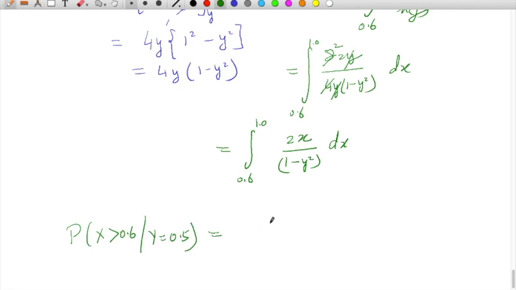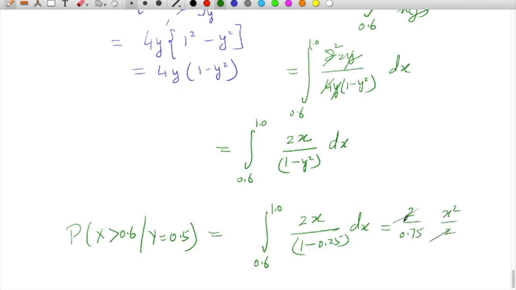So that is the integration from 0.6 to 1.0 of 2x upon 1 minus 0.25 dx. This will be 2 upon 0.75 constant, times x squared by 2, the 2 is cancelled out, with limits from 0.6 to 1.